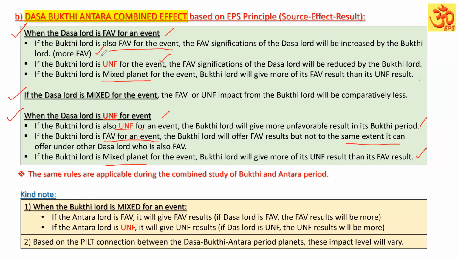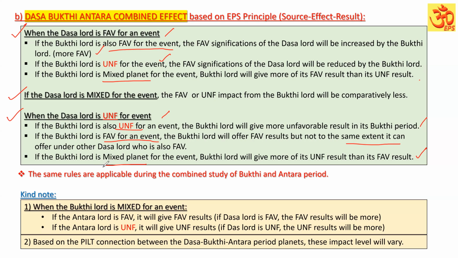I have talked about Dasa and Bugdi only, but the same rules are applicable during the combined study of Bugdi and Antra also. Suppose Bugdi is favorable and Antra also favorable, it is going to be more favorable. If Bugdi is favorable and Antra is unfavorable, that Antra's unfavorable effect is going to be comparatively lesser because Bugdi is favorable. In other words, Bugdi's favorable results are going to be reduced by the unfavorable Antra.